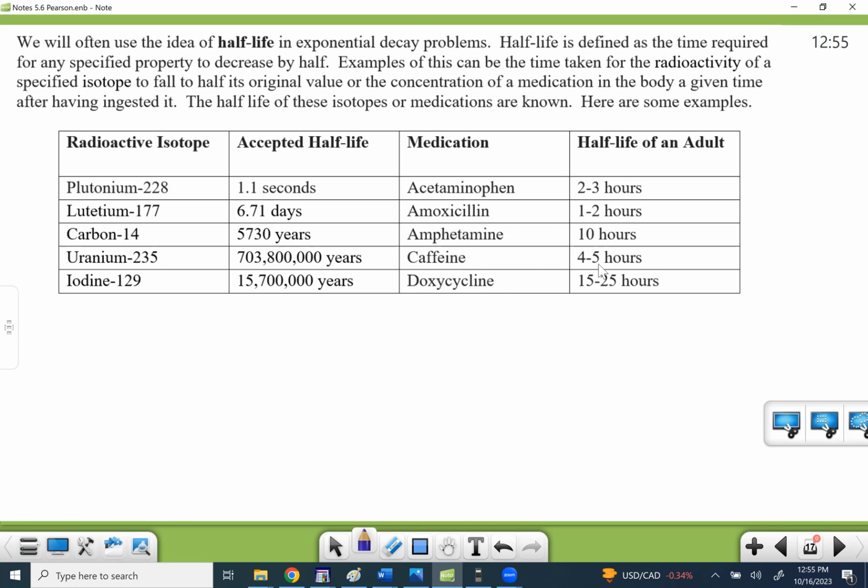You drink 7 ounces of coffee, in 4 to 5 hours you'd be down to half of that, so 3.5 ounces. I don't know what percentage of that is caffeine, so forgive me for that. But hopefully you understand what half-life is. It's how long it takes to reduce down to half.